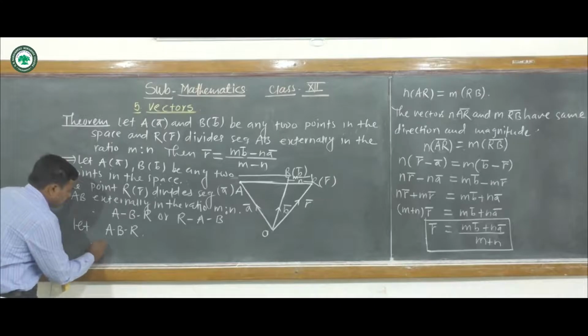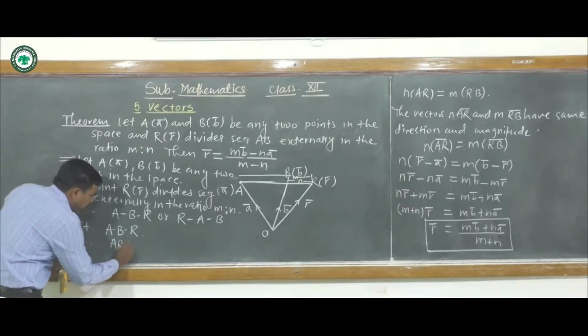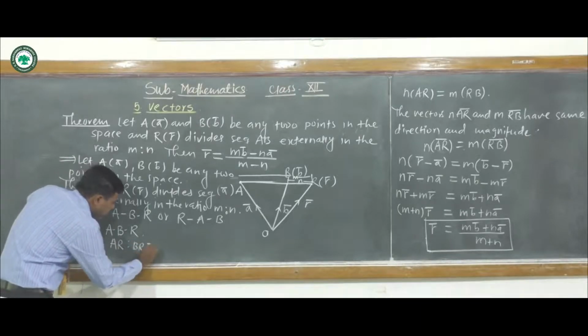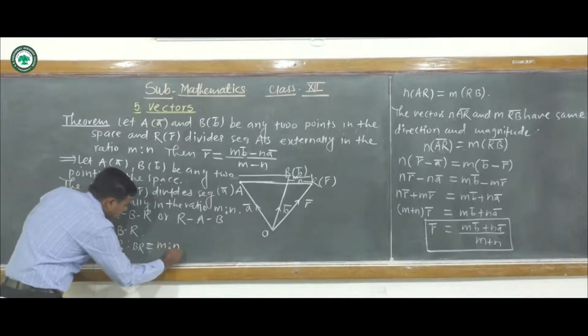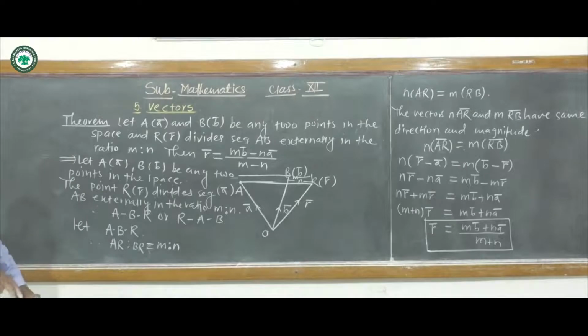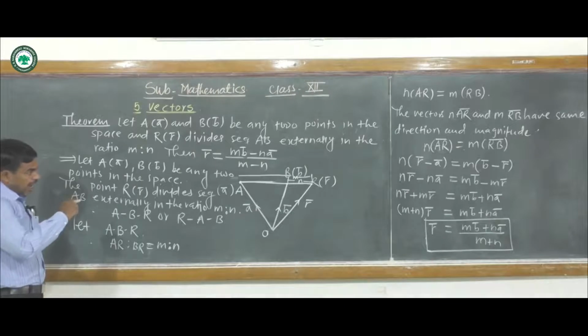So therefore, the ratio of AR as to BR is equal to m as to n. See here, AR and BR.